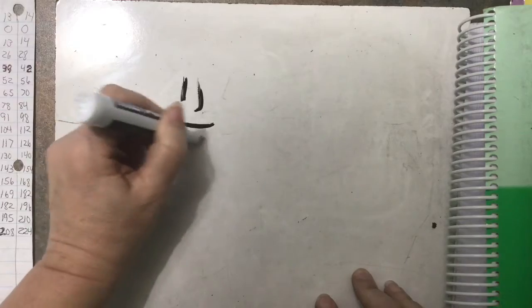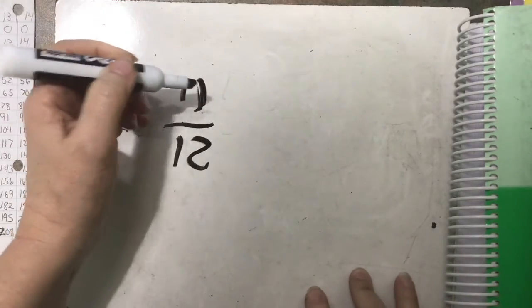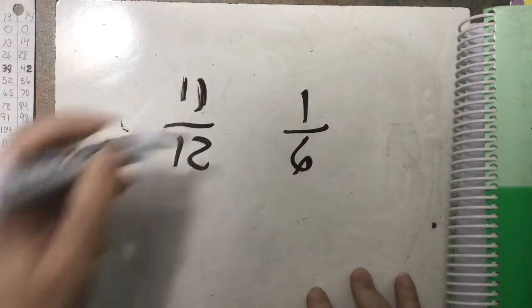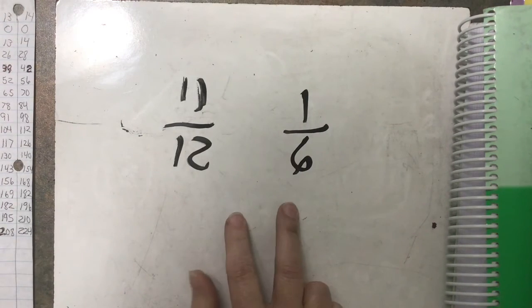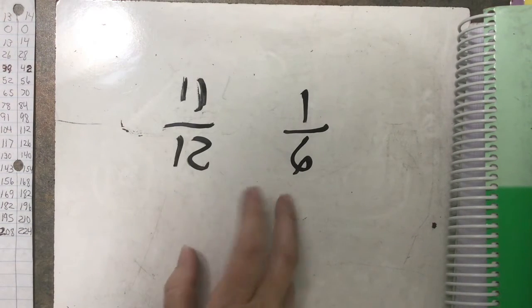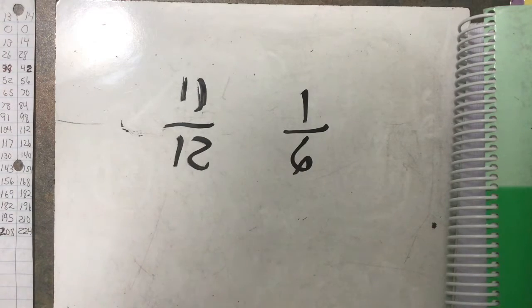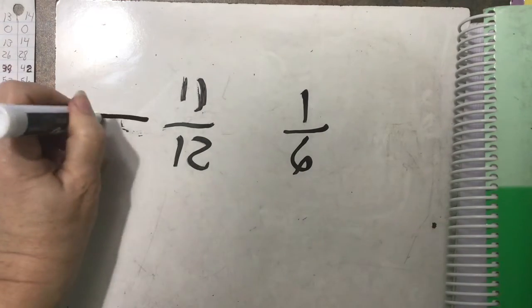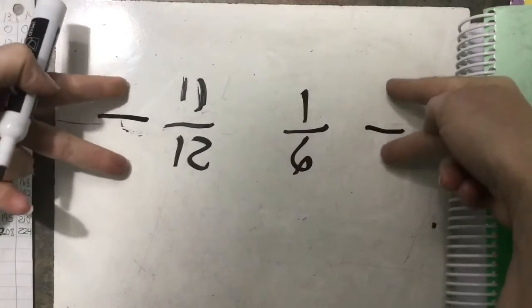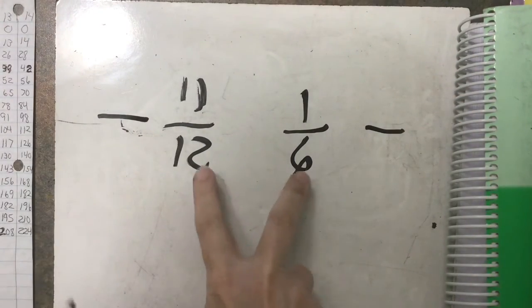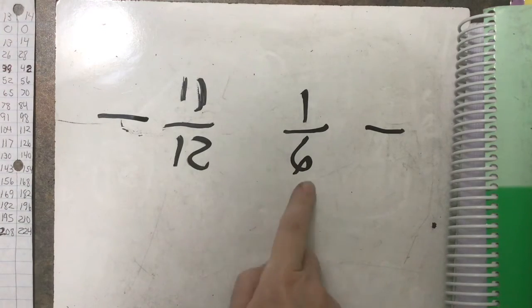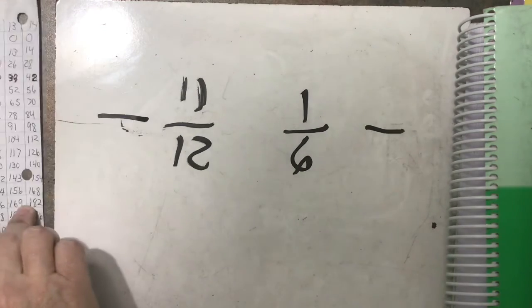They're giving us 11/12 and 1/6, and they want us to write equivalent fractions for these two using the least common denominator. What does that mean? They want us to actually make the new fractions with a common denominator. So what is the smallest common denominator both 6 and 12 have?